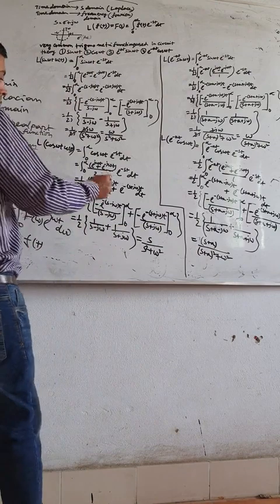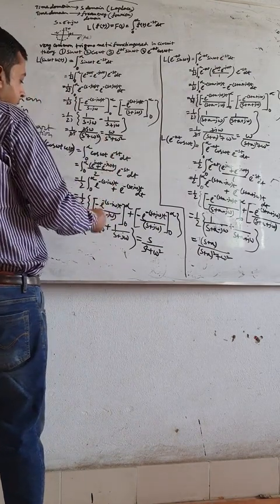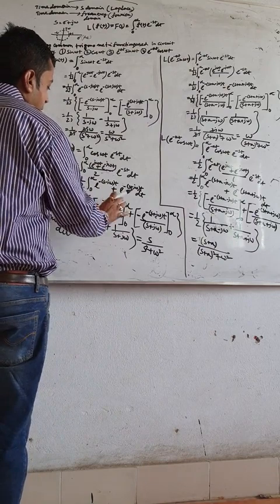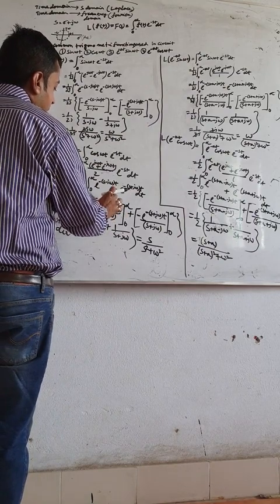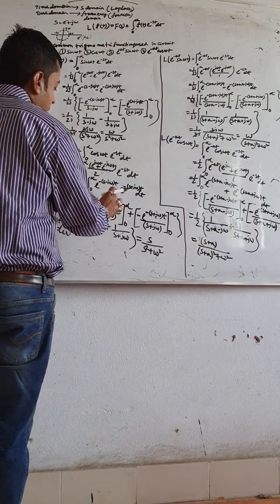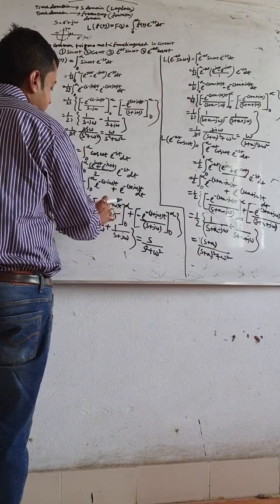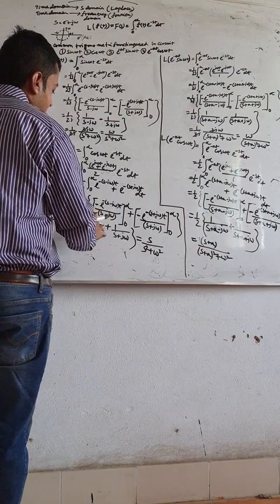The limit is 0 to infinity in all cases. So e to the power minus infinity is 0. The first part will be 0 minus e to the power 0 divided by s minus j omega. So minus becomes plus, so 1 by s minus j omega.